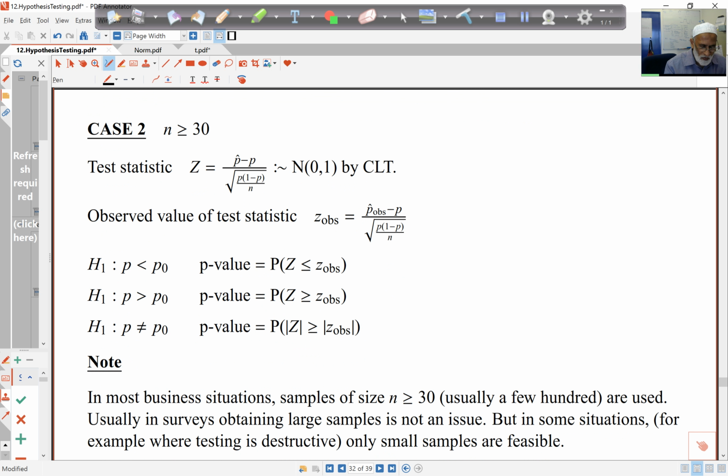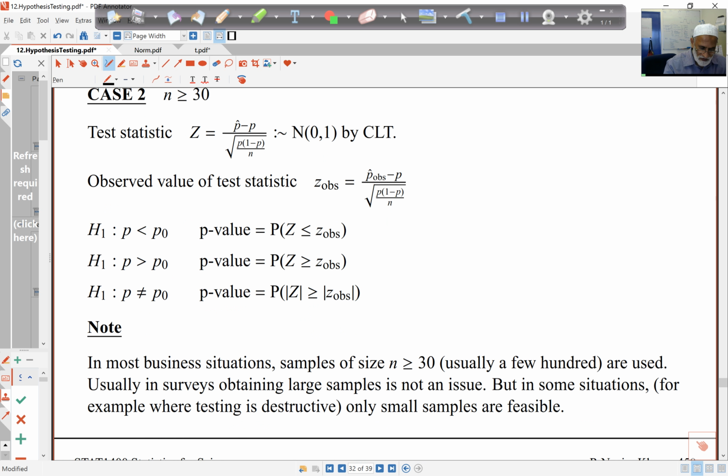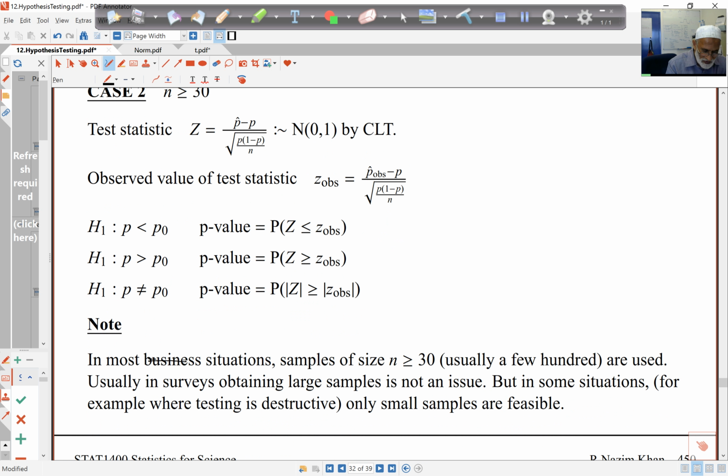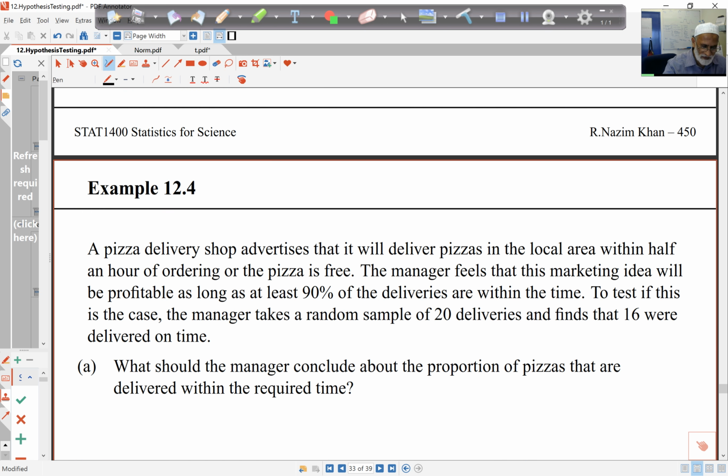So in this case, all that changes is that our p-value is now obtained from the normal distribution. Nothing else changes. In most situations, not necessarily just business situations, sample sizes of 30 or bigger are very common. Samples will generally be in the hundreds.